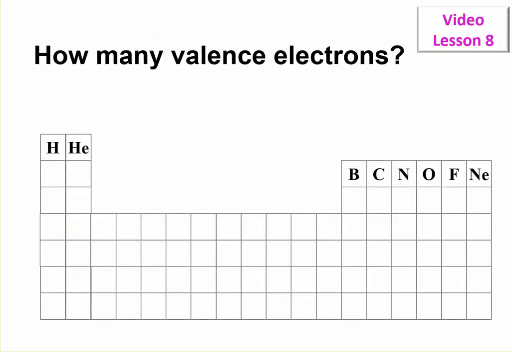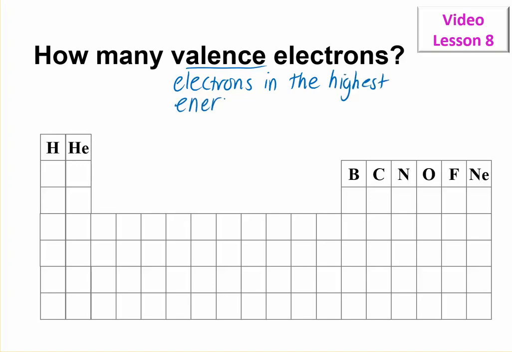We also need to look at the periodic table and say how many valence electrons an atom has. Valence electrons are electrons in the highest principal energy level.